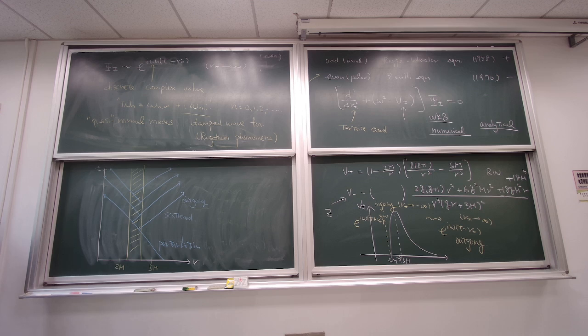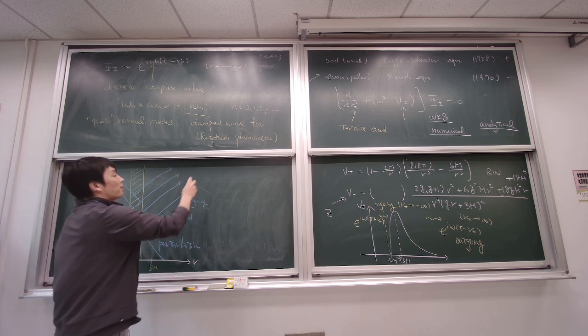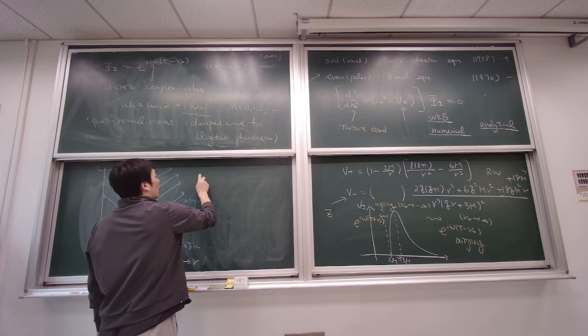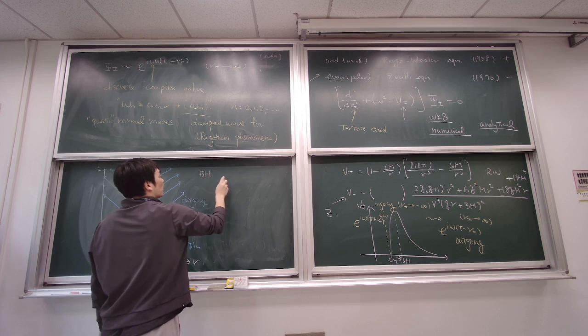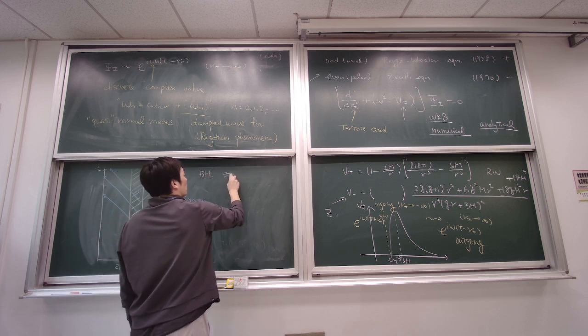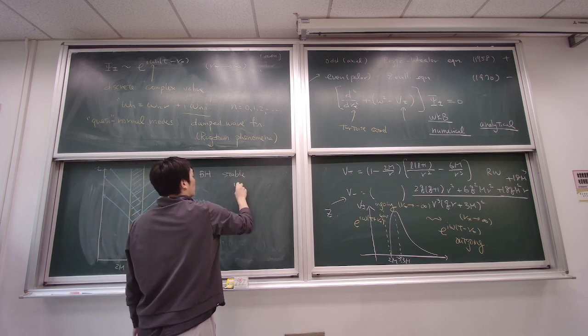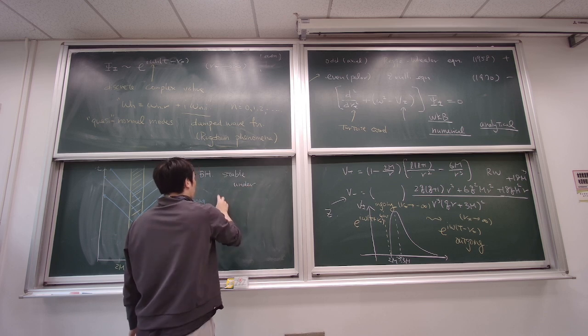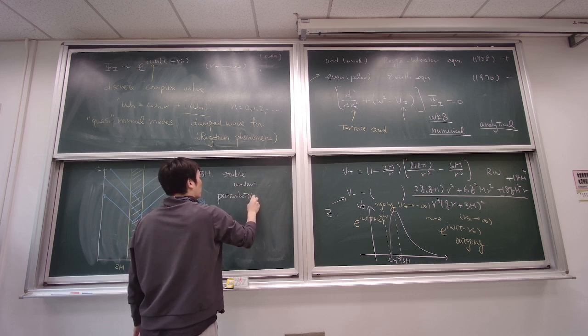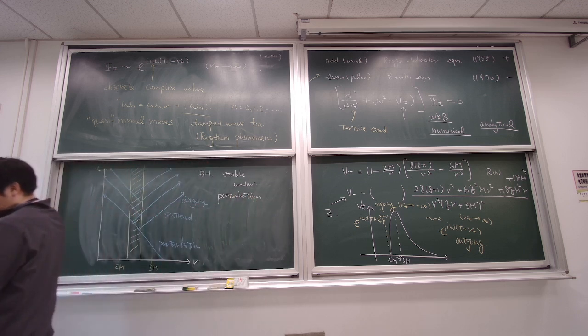Okay, and then due to the ring down phenomena, one can show that the black hole is stable under perturbation.